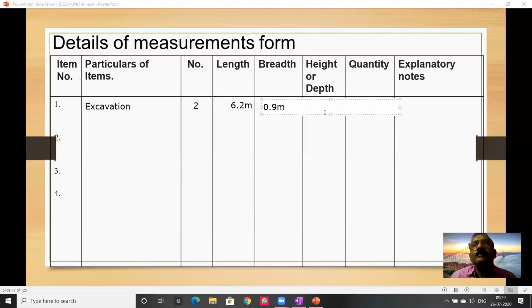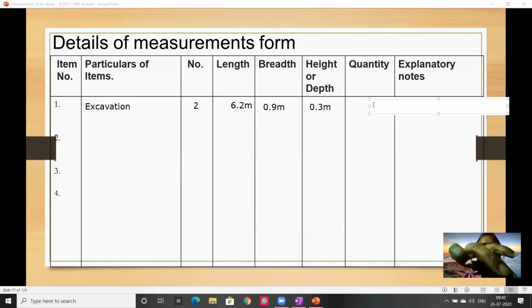And the height is 300 mm given, so 300 by 1000, or 0.3 meters. You have to write the units in meters, which is very important. If you multiply these, you will get the quantity in cubic meters.